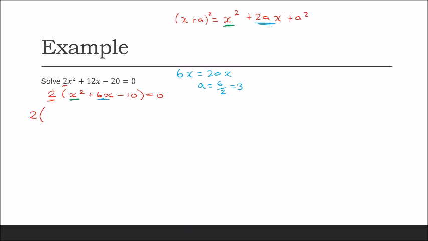So what we're seeing is our a is half of the number in front of x every time. If a is equal to 3, a squared is going to be 9.